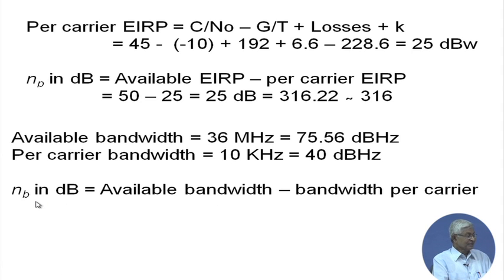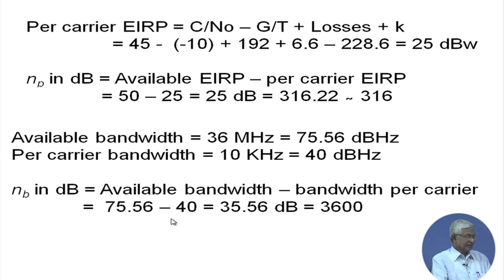So NB, the available, is done in dB, and we got a number of 3600. Obviously 36 megahertz divided by 10 kilohertz is 3600. So bandwidth wise, I get a possibility of putting 3600 carriers, whereas power wise it is possible to put only 316 carriers.